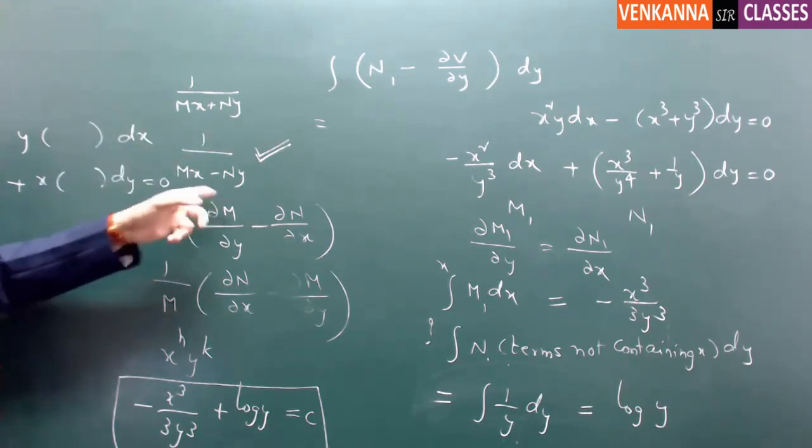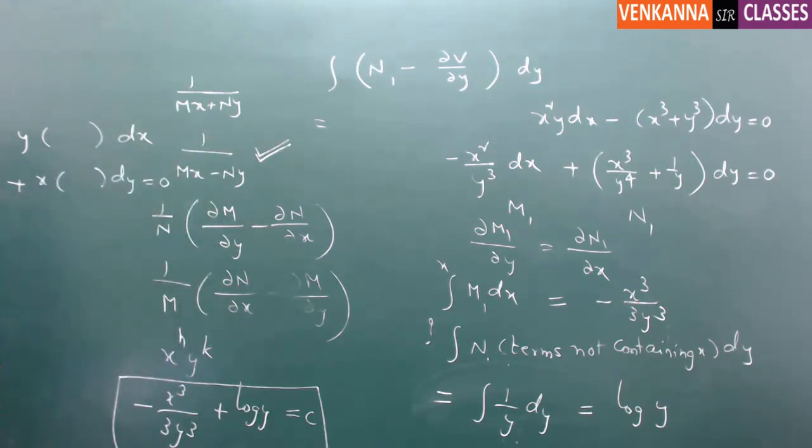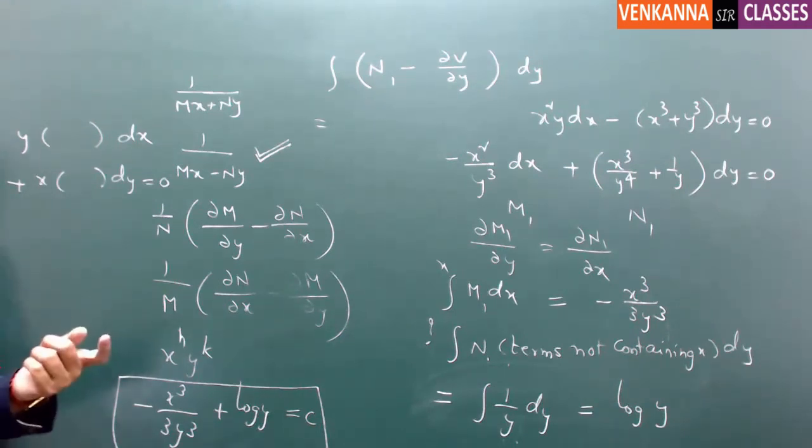Both are possible here. Fine. It is possible because an integrating factor is not unique. An equation can possess many integrating factors. The only thing is that you are making it exact by means of a formula. That's all.